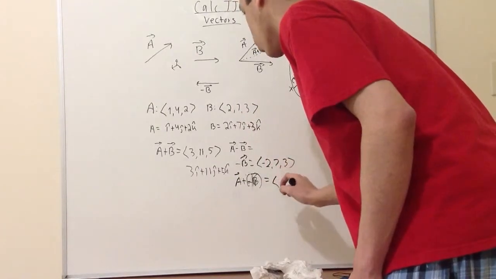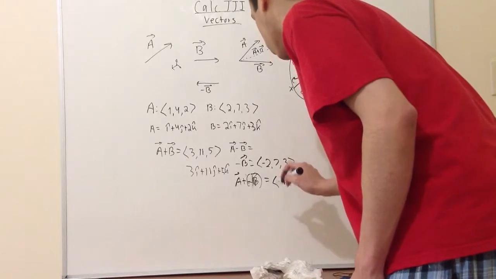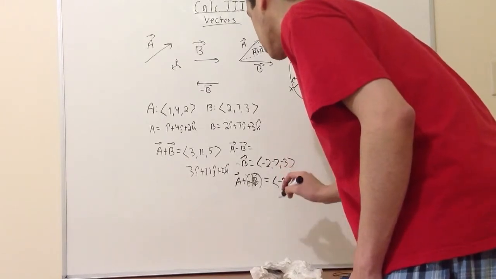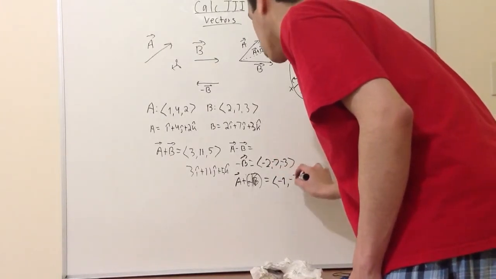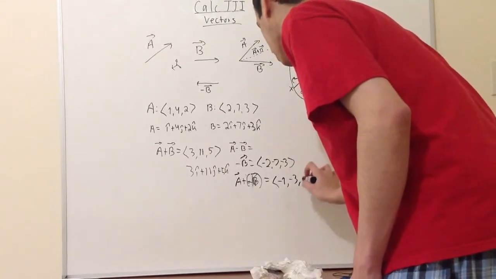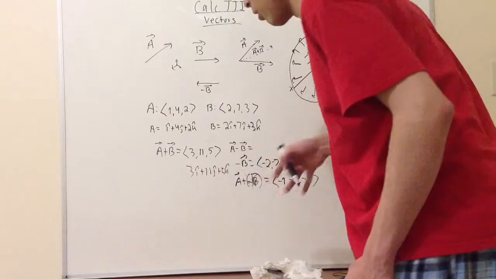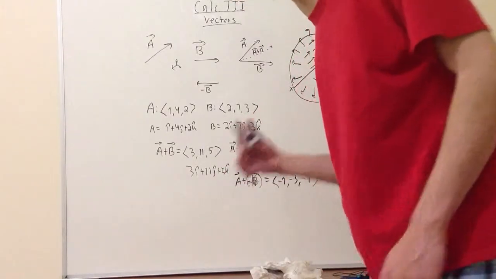You're going to have 1 minus 2, so it's minus 1, and 4 minus 7, so it's minus 3, and then 2 minus 3, again you get negative 1. That would just be a minus b, which is the same thing as a plus negative b. That's the way you subtract vectors.